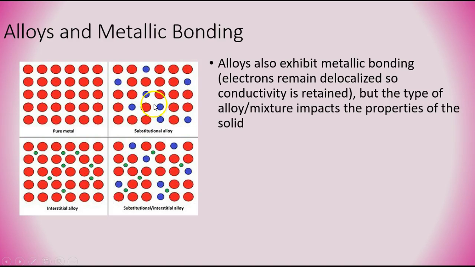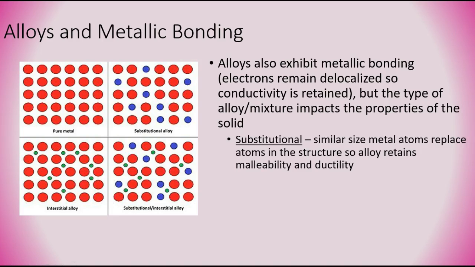So a substitutional alloy has another metal atom, or another type of atom, taking the place of the main metal atom in the metal. And this allows it to maintain malleability and ductility. Typically, we're going to see atoms that are around the same size replacing in a substitutional alloy, so that's something useful to note. And then our other type of alloy is interstitial.